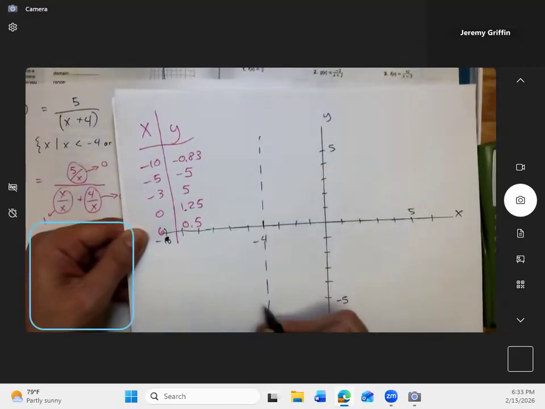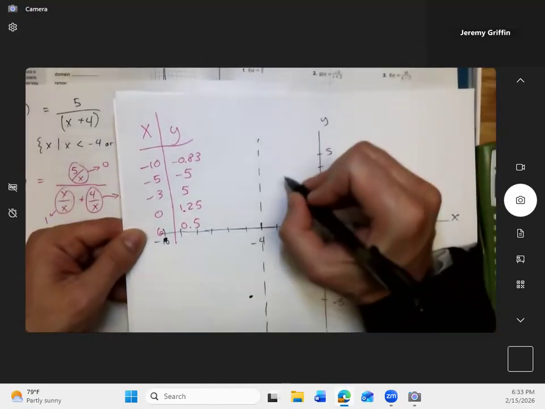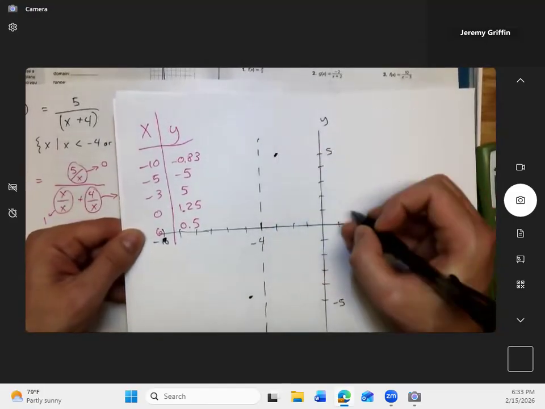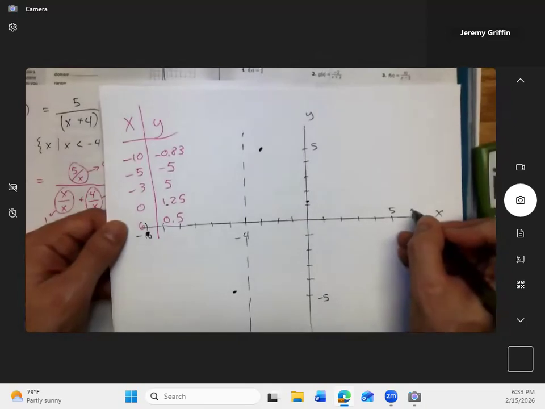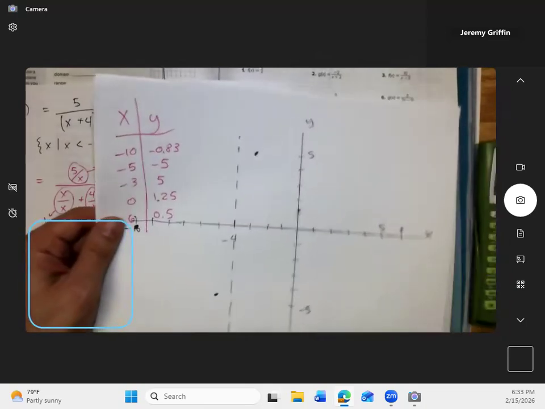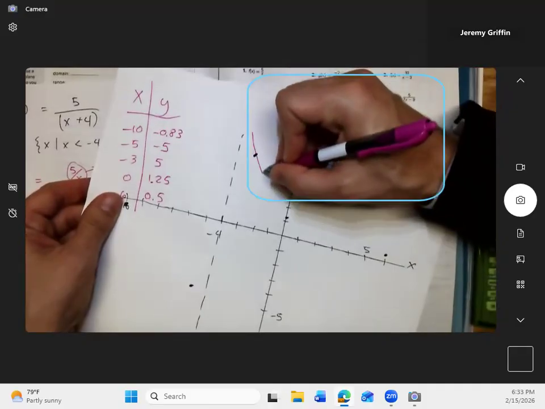Negative 5, negative 5 is right here. Negative 3, positive 5, notice it jumps way up here. 0, 1.25, and 6, 0.5.